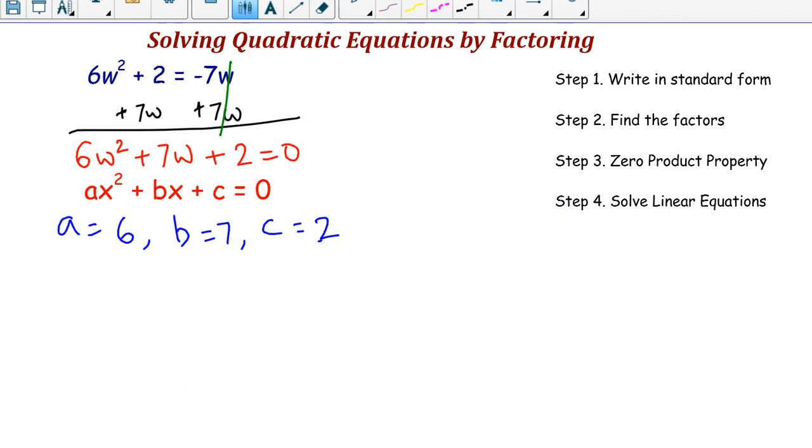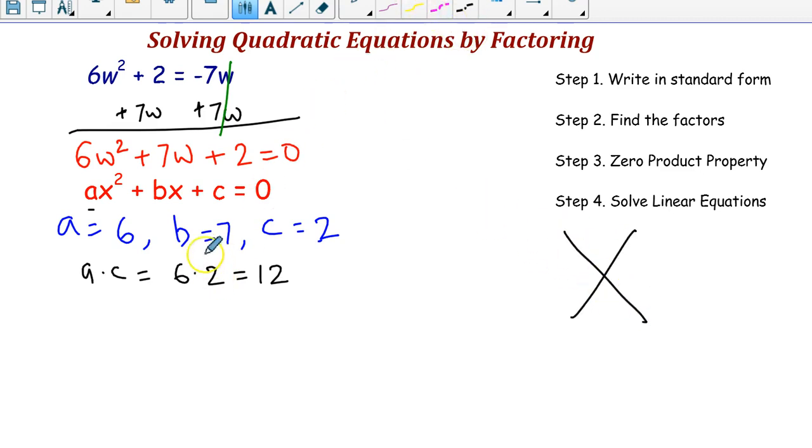Now following the procedure, I'll find the product of a and c. So a times c is equal to 6 times 2. That gives you 12, right? Now 12 is the product of two factors or two numbers whose sum has to be 7. That I can represent in this way.